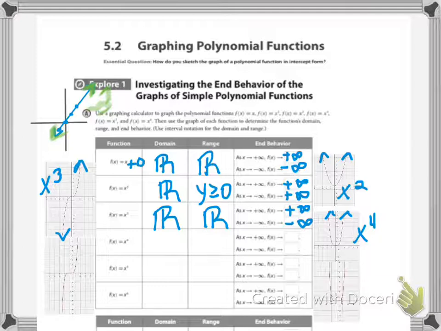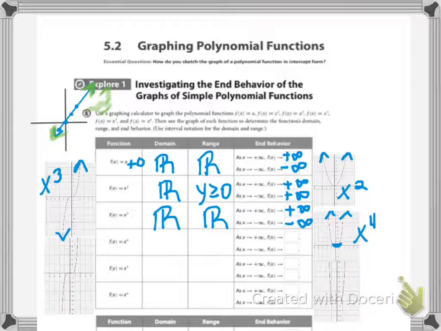But the most basic parent function of x to the fourth looks an awful lot like the parabola, except that you can see down here between -1 and 1, it's flatter. It just flattens out, and that's because now we're taking numbers that are between -1 and 1, so very, very small fractions, like a half or 0.2 or whatever, and now we're raising them to the fourth power, which makes them even smaller, right?